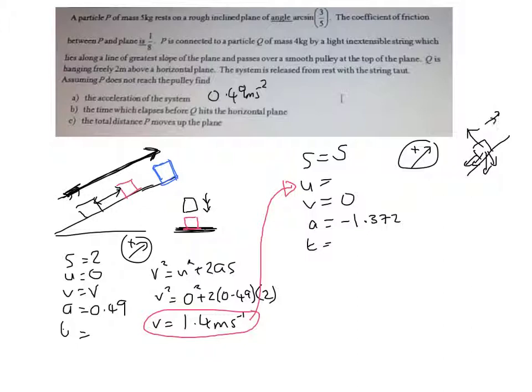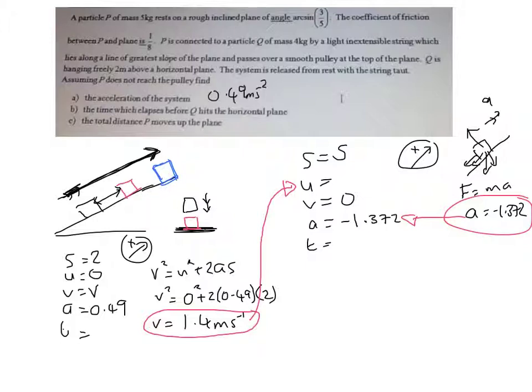It was accelerating down the hill, so we ended up with an F equals ma. Solving that, we got a equals minus 1.372, and that is what fed in here. And we know that when it gets to this point, it's got a velocity of 0, that's the whole point. It goes up with its own momentum, slows down, stops, and then goes back down again.